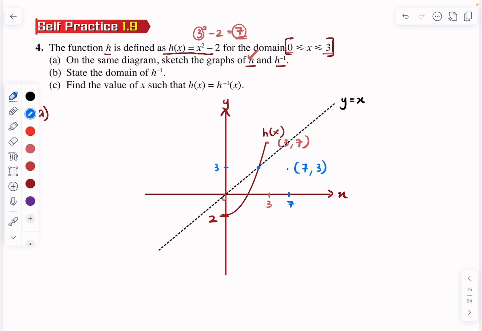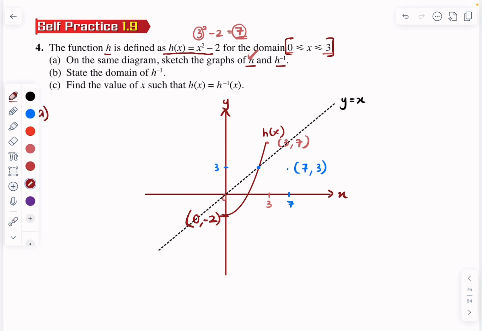Then we take one more point, this one. Sorry, let me use this color. This one is (0, -2). So when you flip this, the x will become y, y will become x. So it will become (-2, 0).